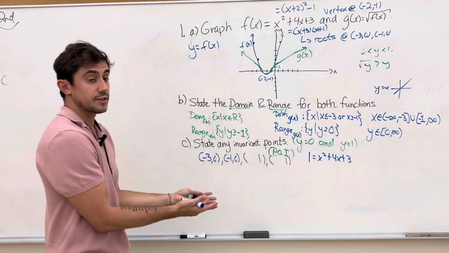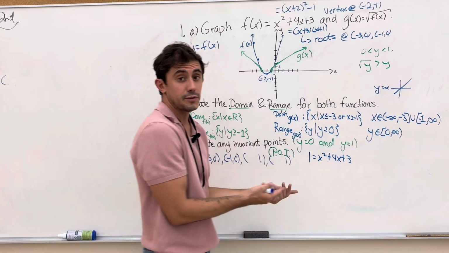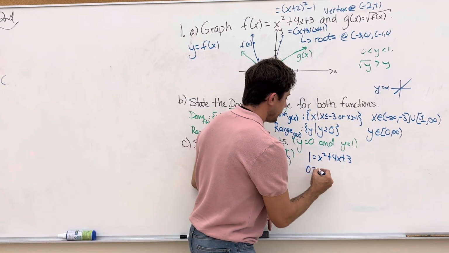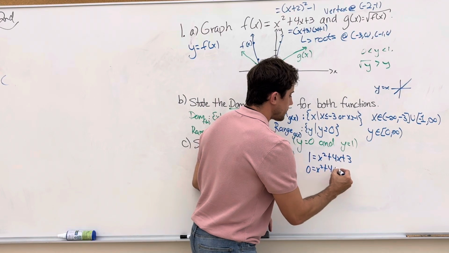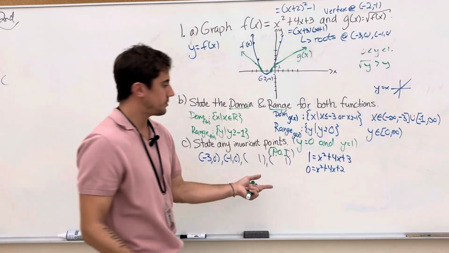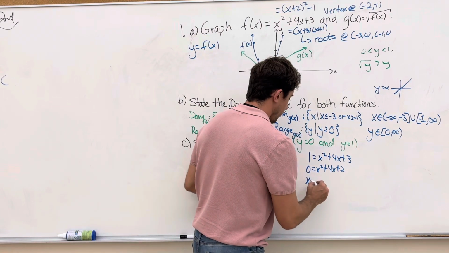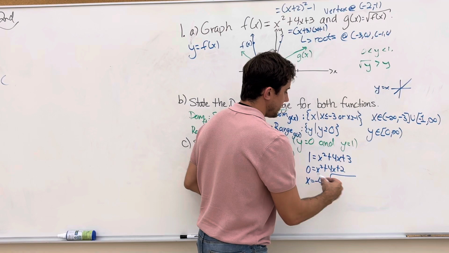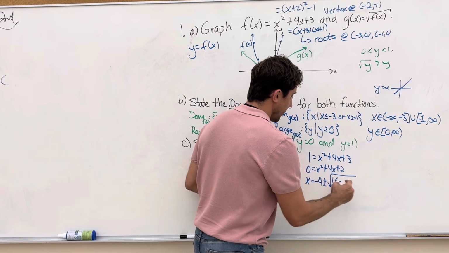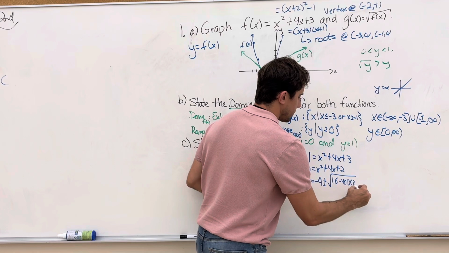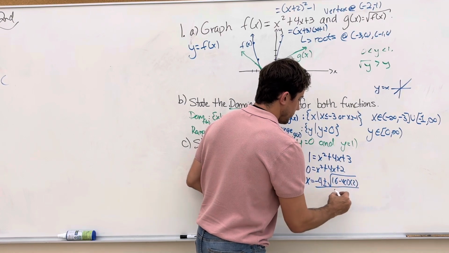Okay, and now we have to solve this equation in the same way that we've always solved our quadratic equations. Let's set one side equal to 0. x squared plus 4x now plus 2. This is not factorable, so we'll have to use the quadratic formula. Unfortunate, but that's okay. x equals negative b, plus or minus the square root of b squared, that's 16, minus 4ac, minus 4 times 1 times 2, all over 2a.